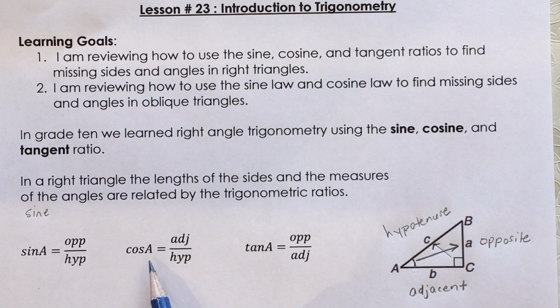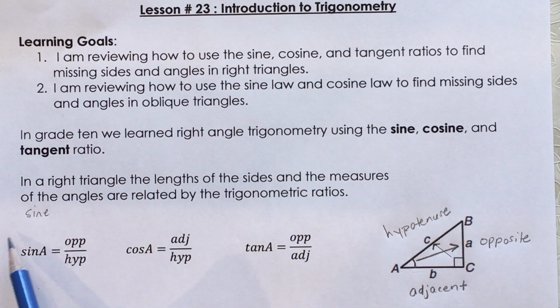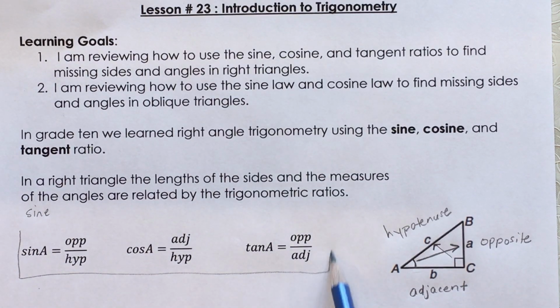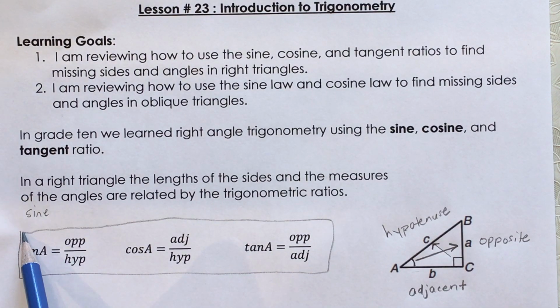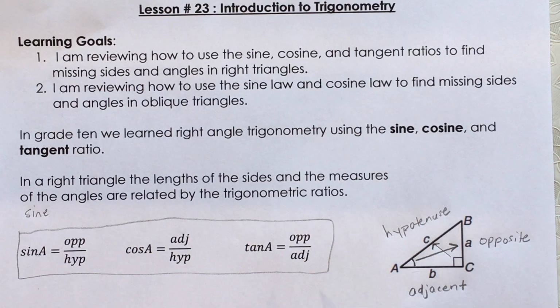The cosine of angle A is equal to the length of the adjacent side over the length of the hypotenuse, and the tangent of angle A is equal to the length of the opposite side over the length of the adjacent side. And these three formulas can be used to find missing sides and angles in right angle triangles if we use them appropriately.